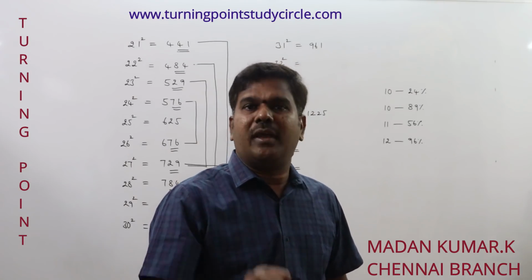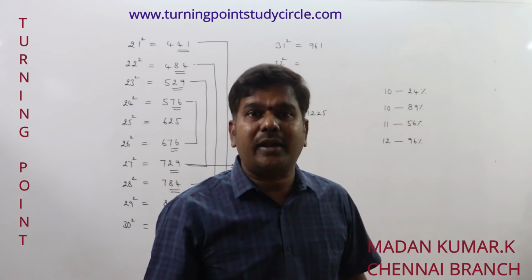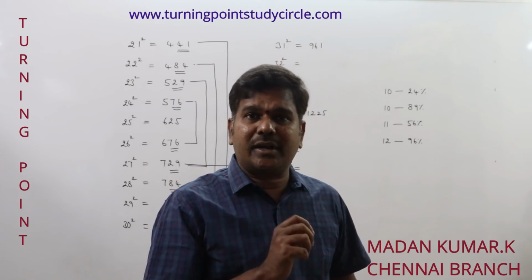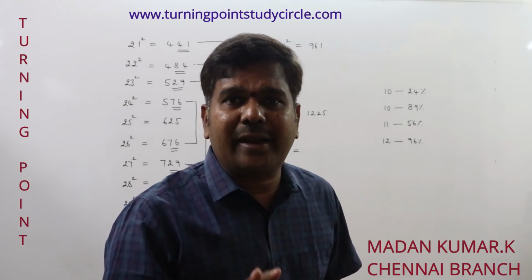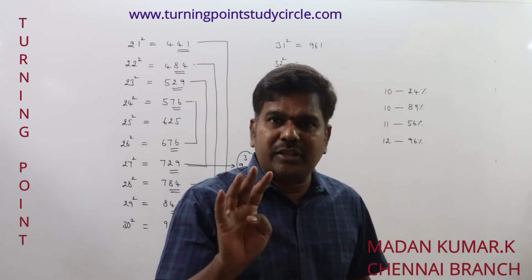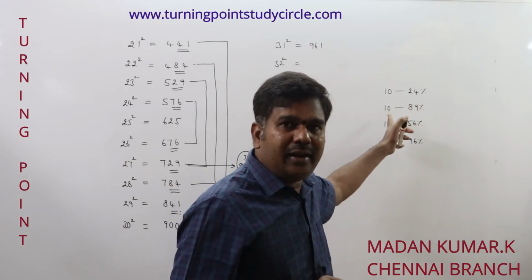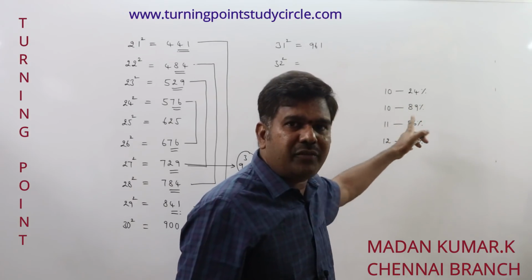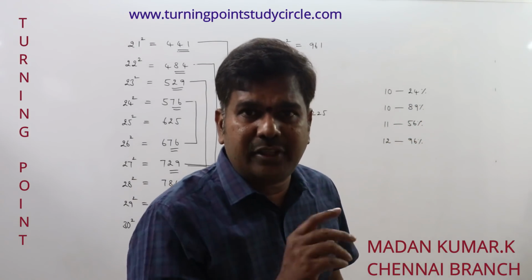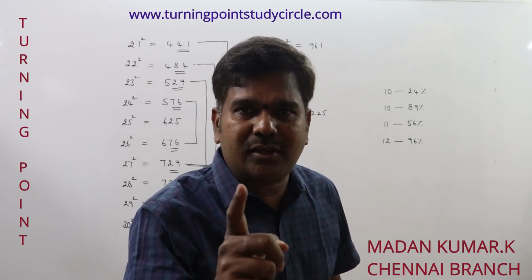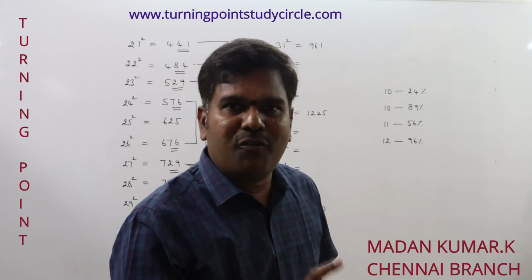Can you repeat? 10th initially 24%, later 89%, 11th standard 56%, 12th standard 96%. If you can remember these 4 values, you are done with the 31 to 40 squares.